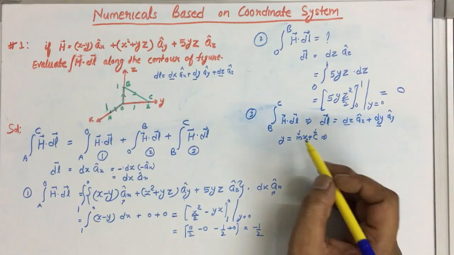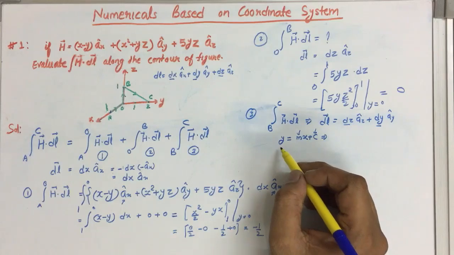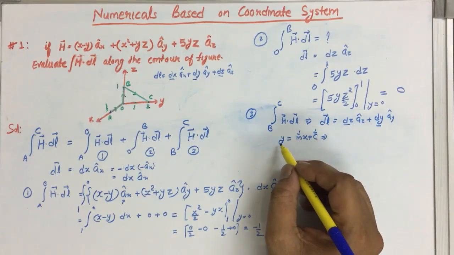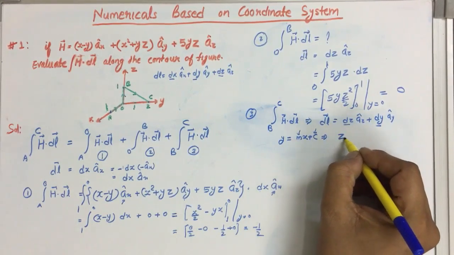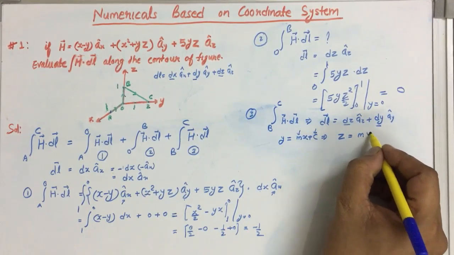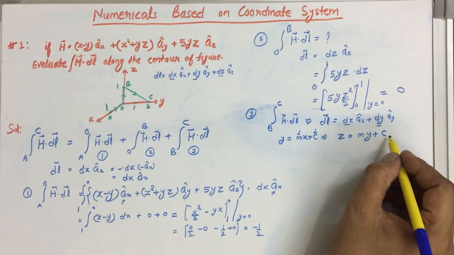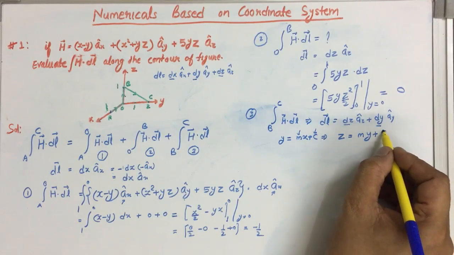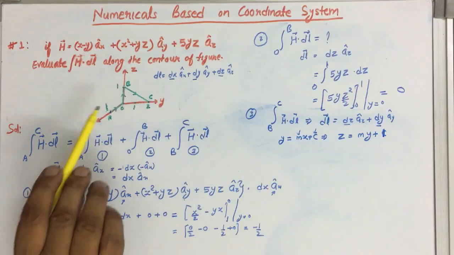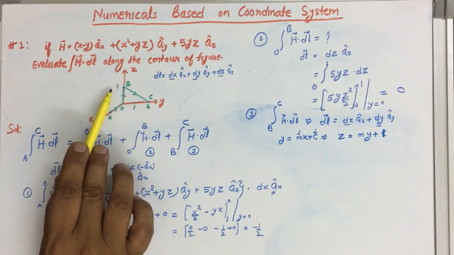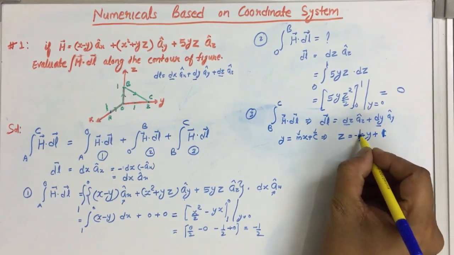On this basis, if the line is in the zy plane or yz plane, then it should be z is equal to my plus c, where c will be the z-intercept here, and the slope will be the negative slope, 1 by 2. So it will be minus 1 by 2.